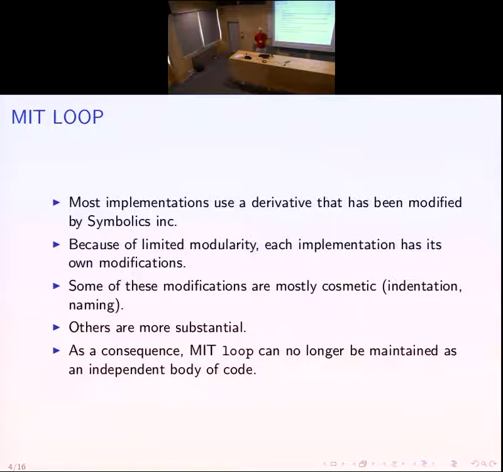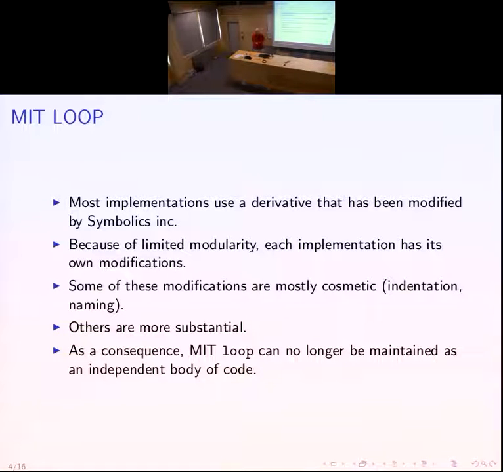Most implementations that I've looked at use a derivative of MIT loop that has been modified by Symbolics Inc., presumably for the Genera system. Now, because of the limited modularity of MIT loop, it doesn't come as a separately maintained module. Each implementation has kind of copied the code into a file, and then modifications started happening in different ways in different implementations.